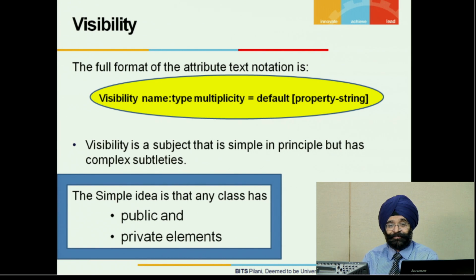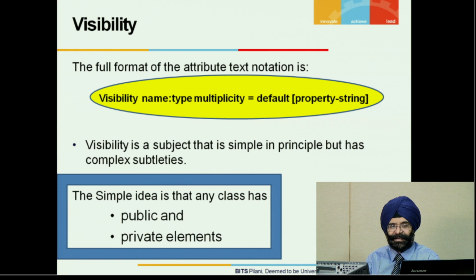UML is the language of choice, and we have discussed UML in the previous modules. It has got a syntax, and the syntax starts with visibility. Normally, to avoid confusion, and particularly considering that there's a difference in implementation between various programming languages, it is safest to manage with the plus and the minus.